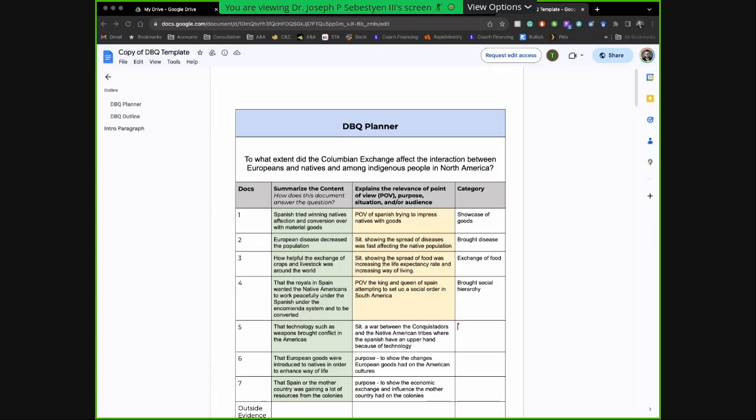Introduction of weapons or advanced weapons, advanced technology. Yeah. Well, brought war, I think, too. This is the same one basically. I guess, but it focused more on Christianity, like introducing Christianity.